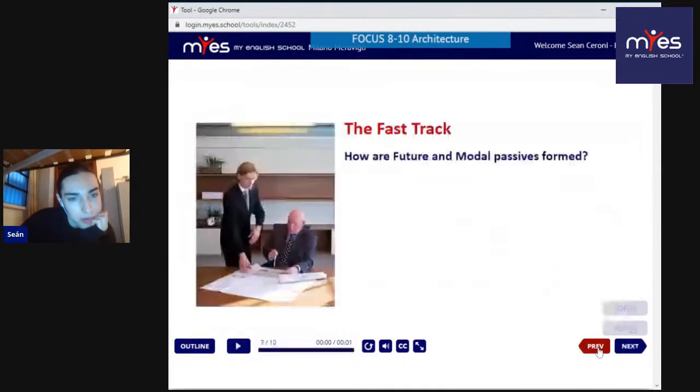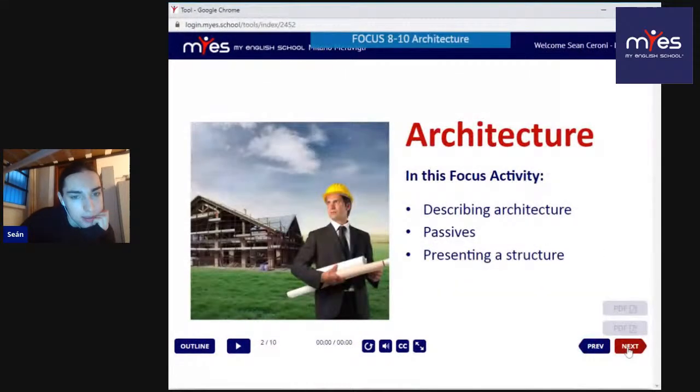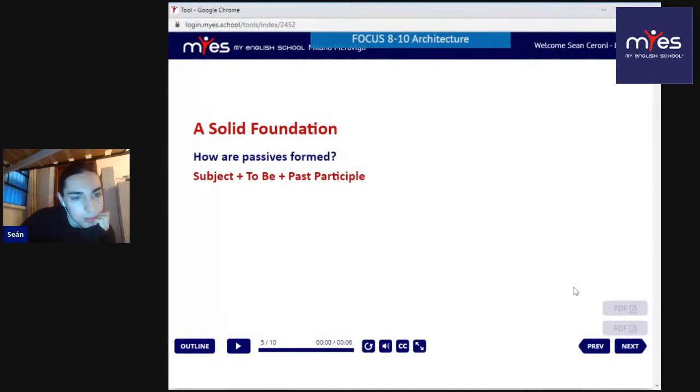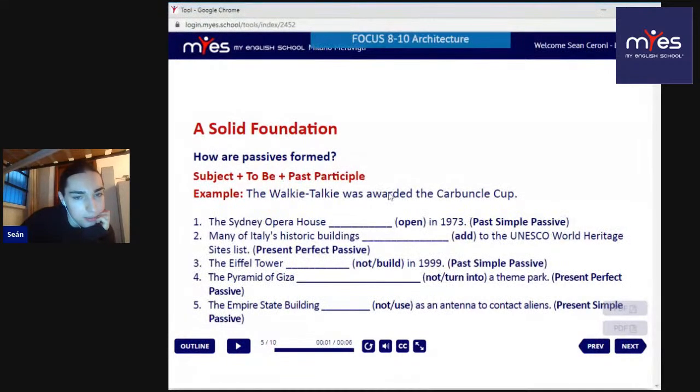So just to round up, I think really the 2 most important slides are the subject, to be, past participle. And like I said, the tense changes for to be, and the past participle is always the same. So past simple passive, to be in the past simple; present passive, to be in the present; perfect passive, to be in the present perfect.